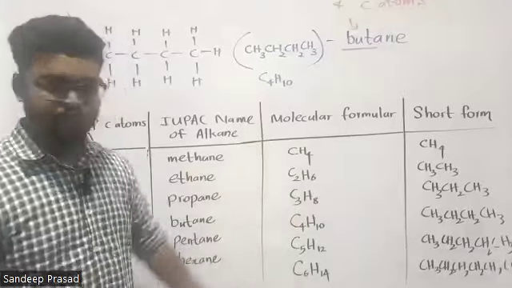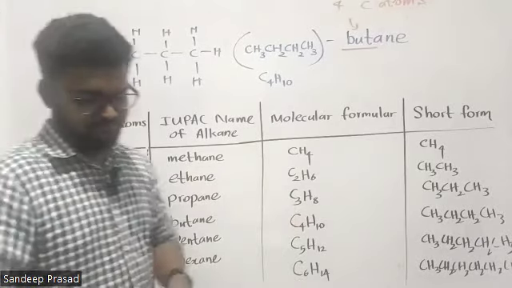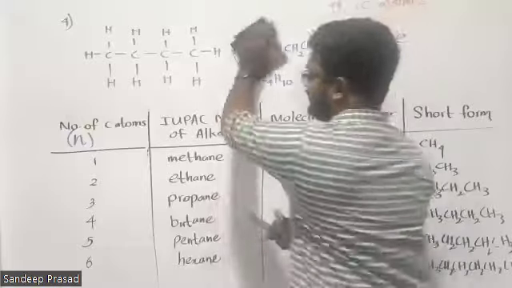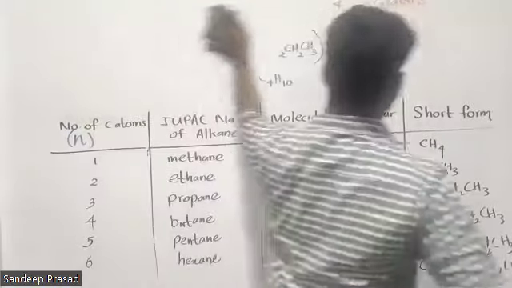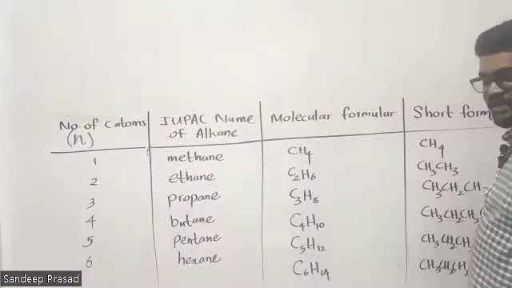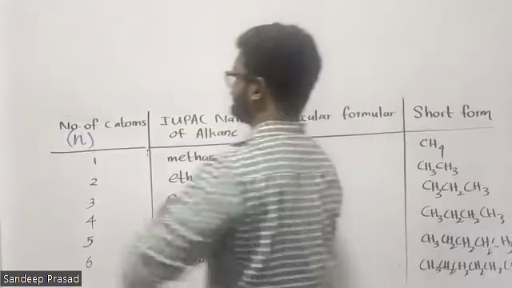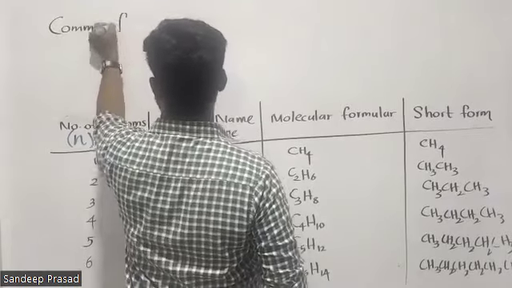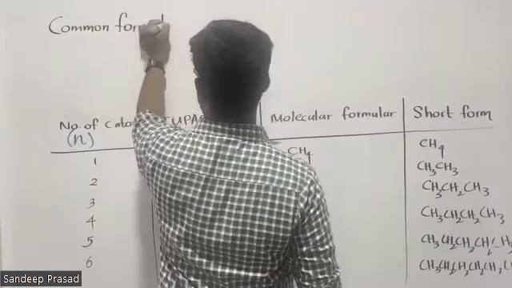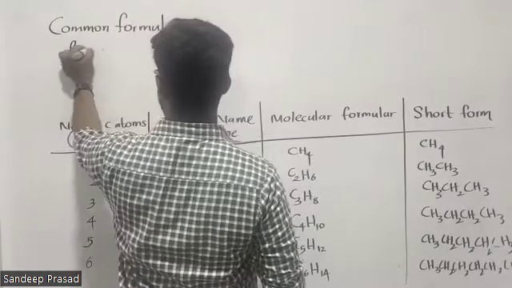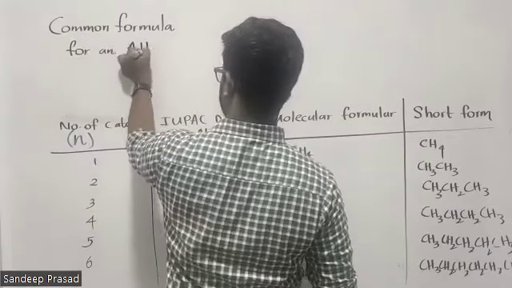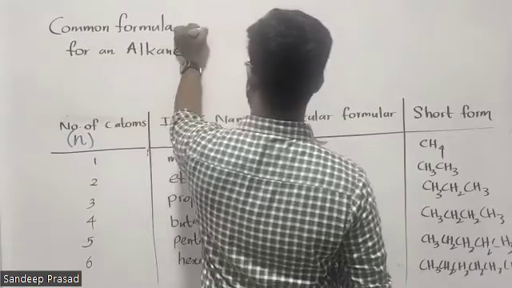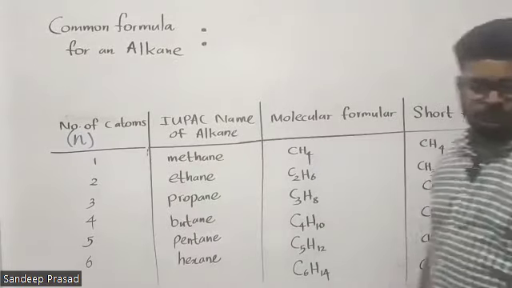Then the number of hydrogen atoms should be, what is it? You have learned about number patterns from grade 9 in mathematics. Then suggest me a common formula for an alkane. What is it? Anyone here?